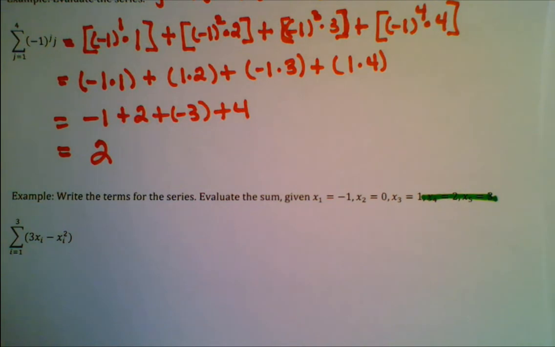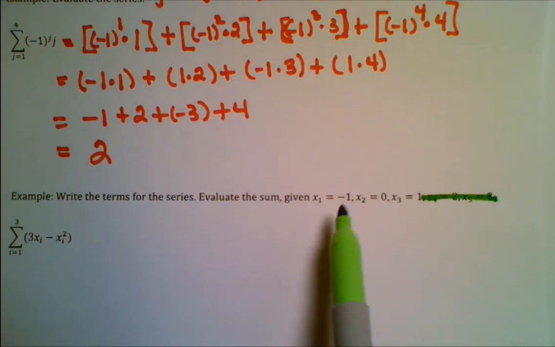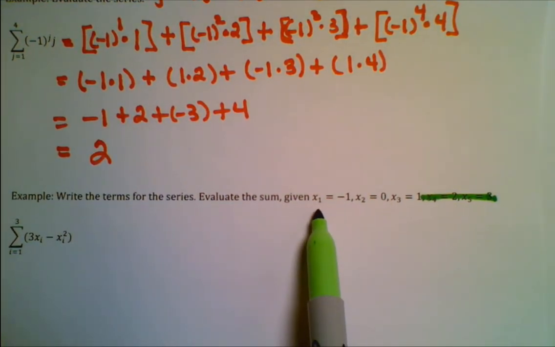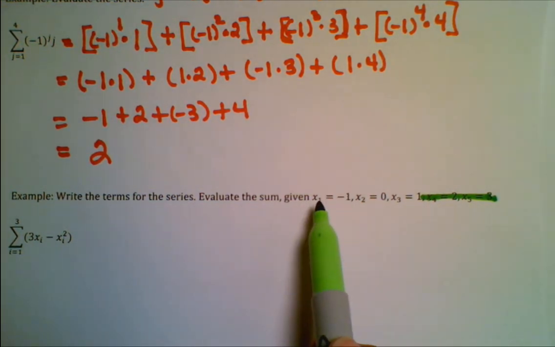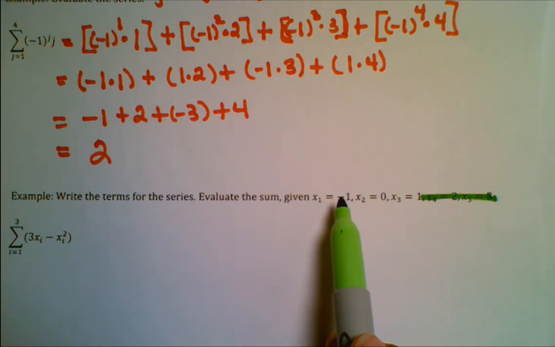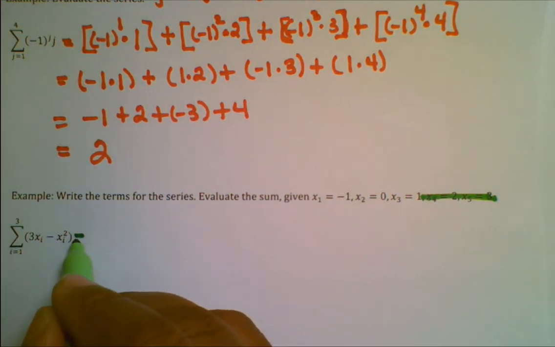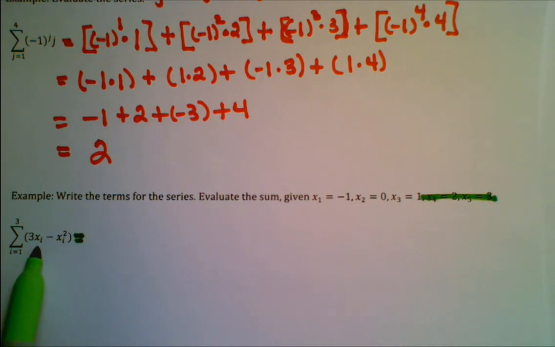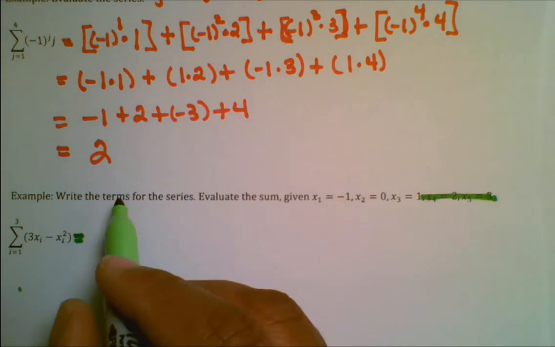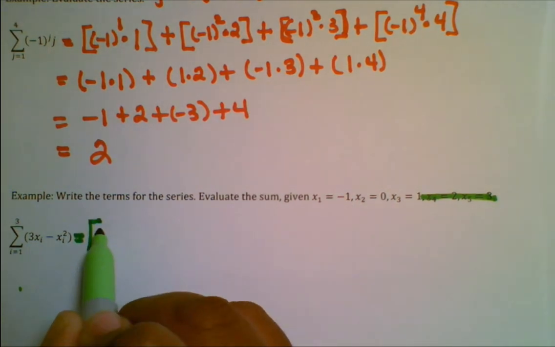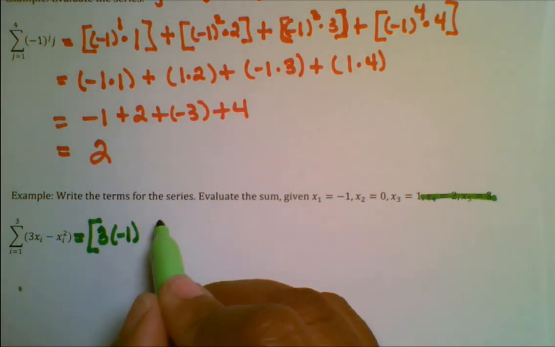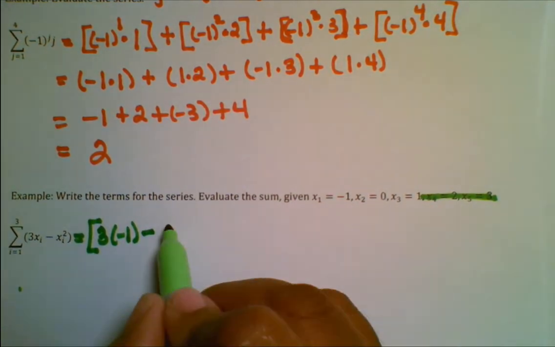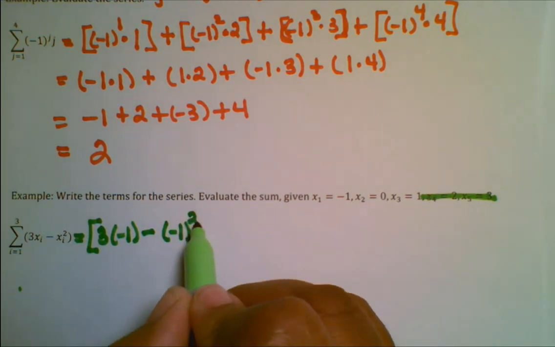Now, for this example, they're giving us the first term, the second term, and the third term. They're giving us the value. So the value of the first term is negative 1. So wherever we see x with that subscript, we're going to substitute negative 1 in there. So our first term is written as 3 times negative 1 minus the quantity of negative 1 squared.